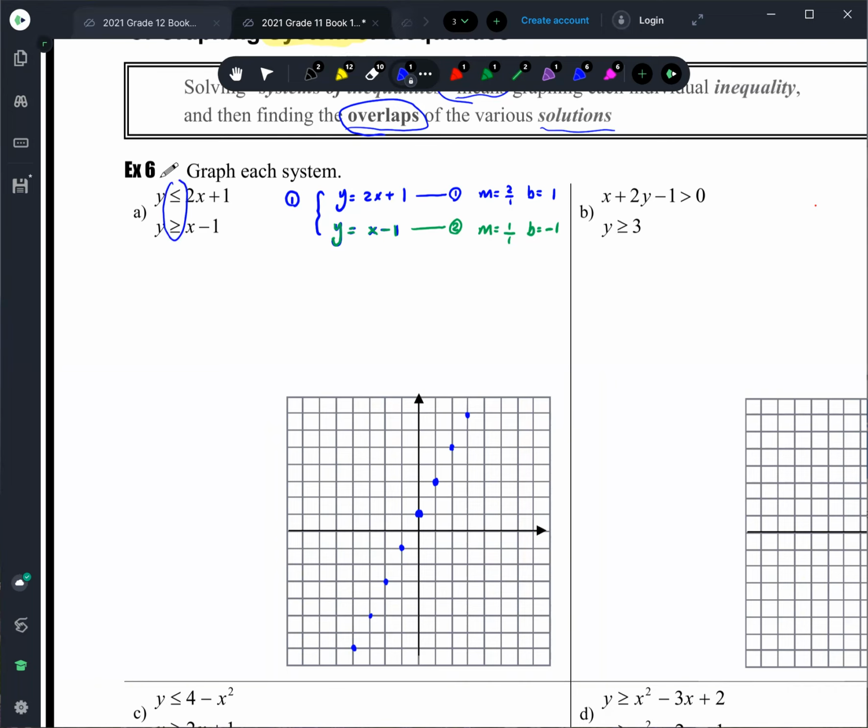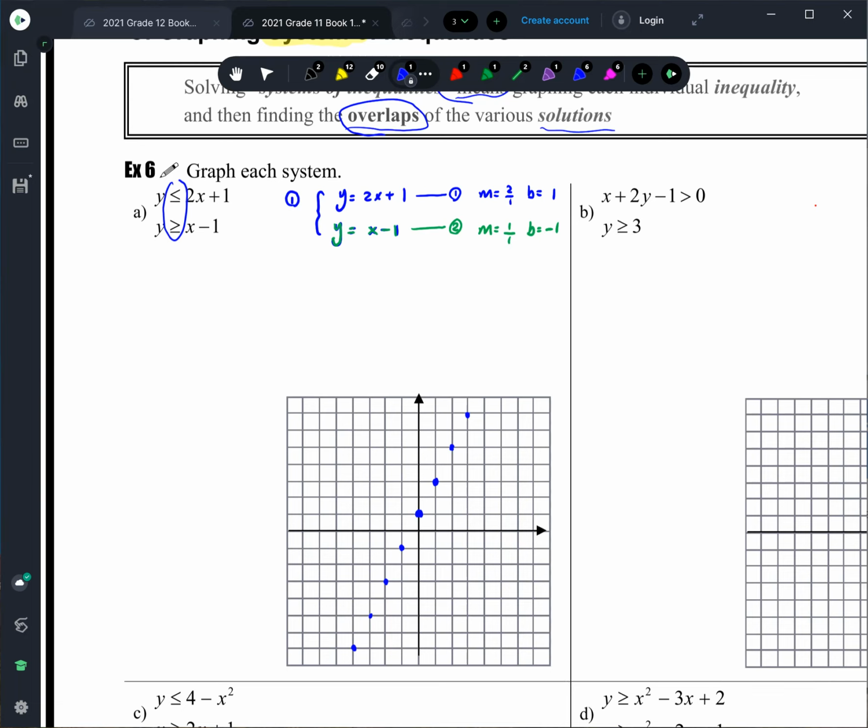If it has an equal sign, then it should be solid. If it doesn't have an equal sign, then it's the other one, the dashed line.